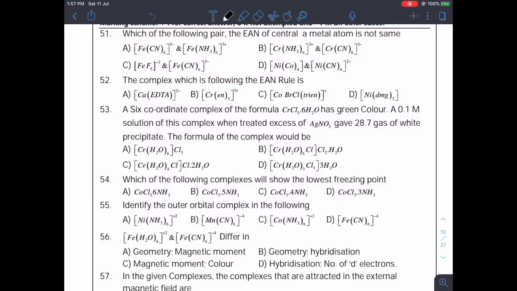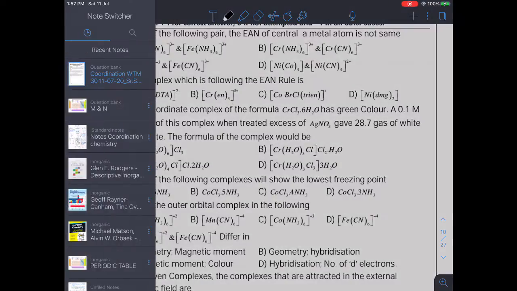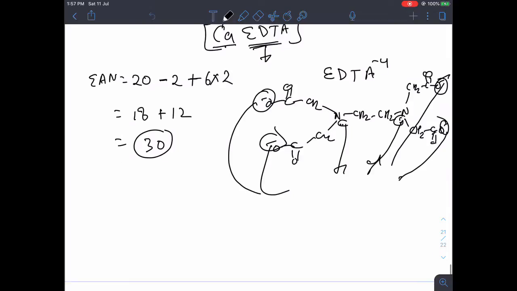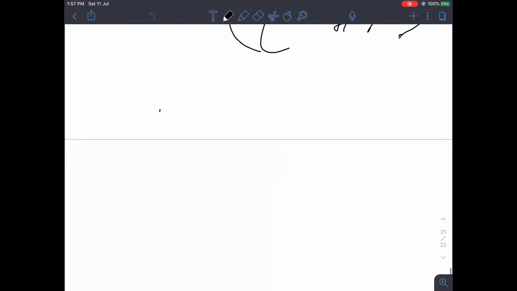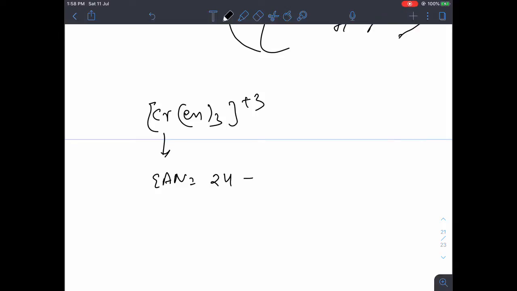Here you can see en is a bidentate ligand, so we will take [Cr(en)3]3+. The EAN in this case: the atomic number is 24, oxidation number 3, coordination number 6.